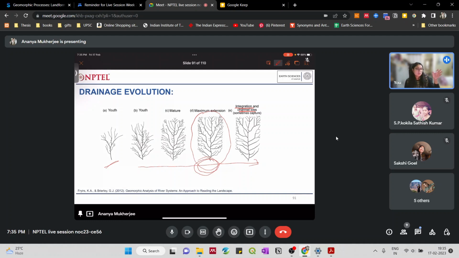The water will get supplied from there, the stream will get captured from the different drainage basin, and then that part will get cut off. So this is also part of the drainage basin evolution. You can see it goes from youth to mature, where you have the maximum extension, and towards the mouth of the river, or just close to it, this kind of evolution can take place.